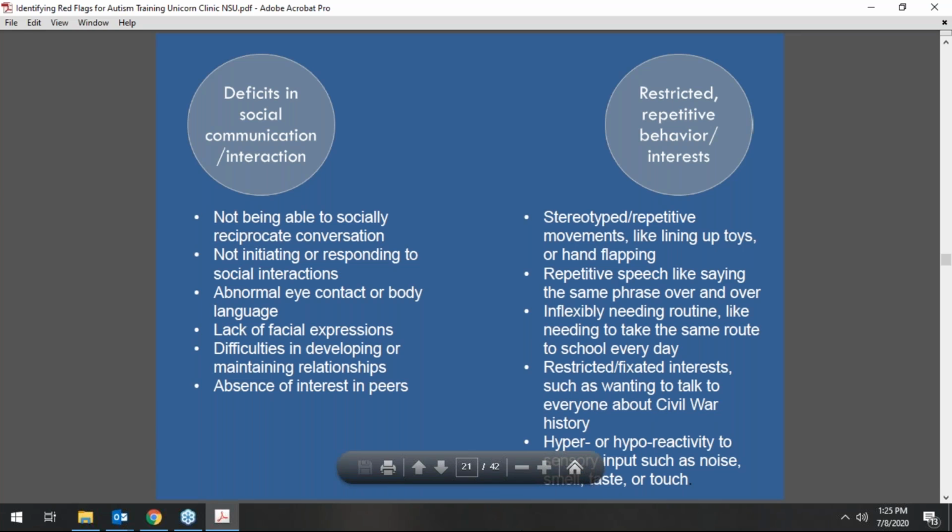But for now, I want to talk about what else they struggle with, which is initiating conversation, right? Initiating those social interactions or responding. And here we're thinking about our young kiddos. How are they requesting things? How can you tell when this child is asking you, I want goldfish crackers?